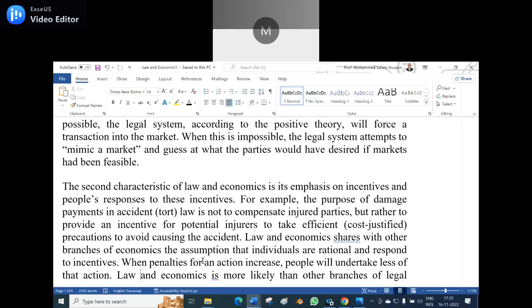Yes, clear. See, here they say the injured person will not only be compensated, but there is also an incentive for the potential injurer to take efficient precautions to avoid causing the accident.